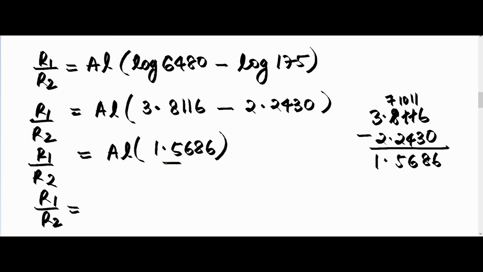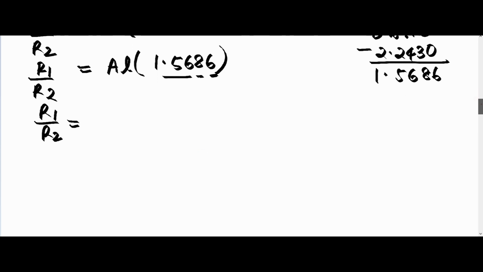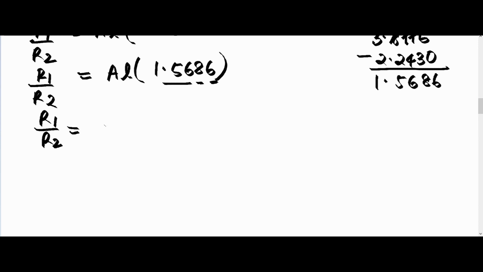Anti-log of 0.5686 will get us the value 3.703 into 10 raised to 1. This particular term is written as a power of 10.